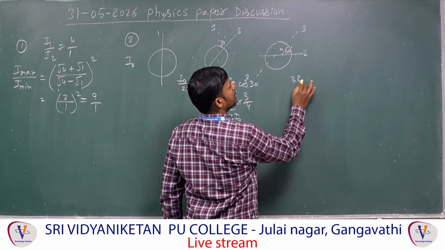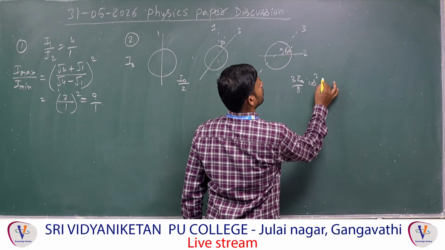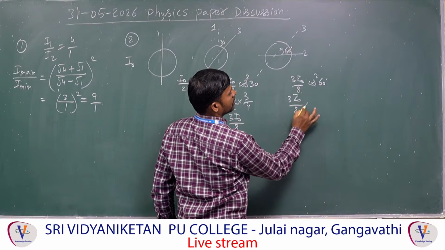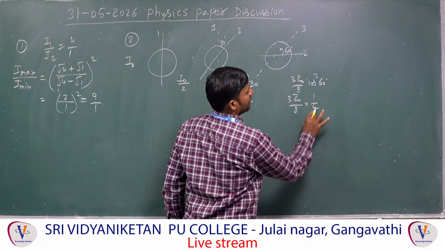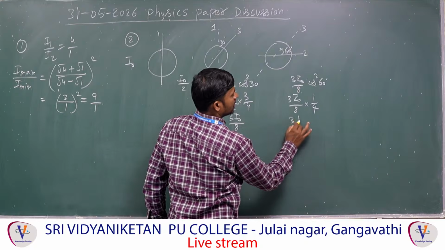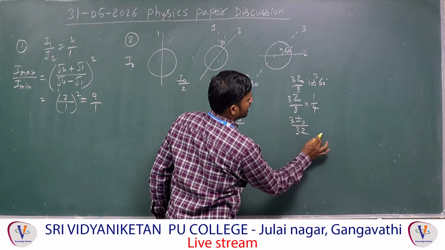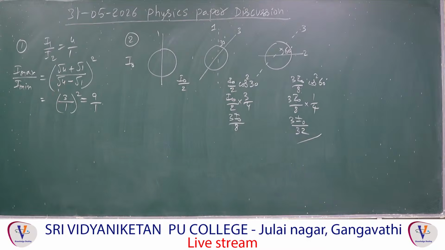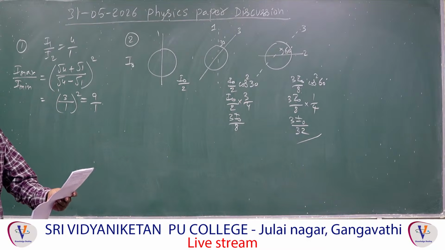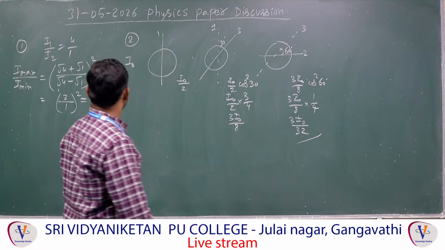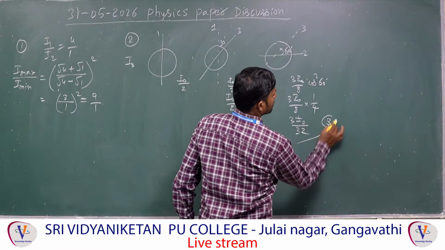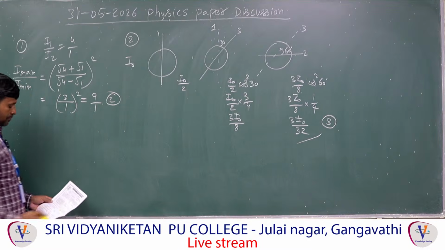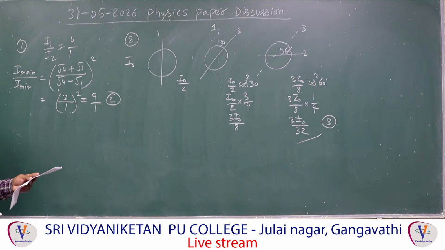Again 3 I0 by 8 into cos square 60; cos 60 is 1 by 2, whole square 1 by 4, so 3 I0 by 32. The final intensity value is 3 I0 by 32. So that is the third option. The first one has the second option.